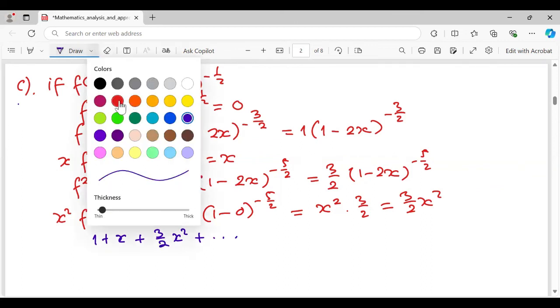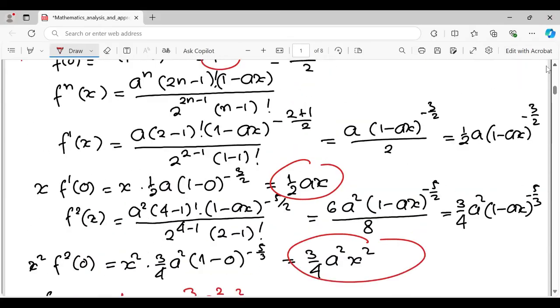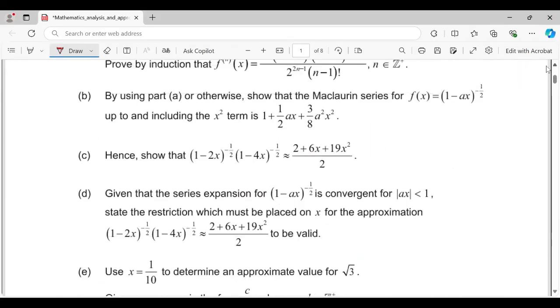And the next is f(x) equals (1 minus 4x) to the power minus half. So according to this information, (1 minus 2x) and (1 minus 4x).